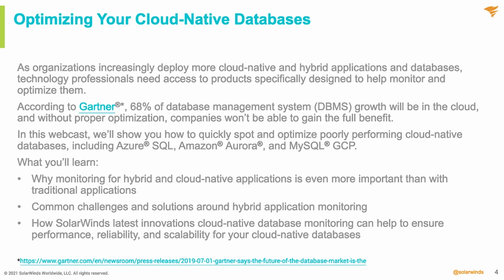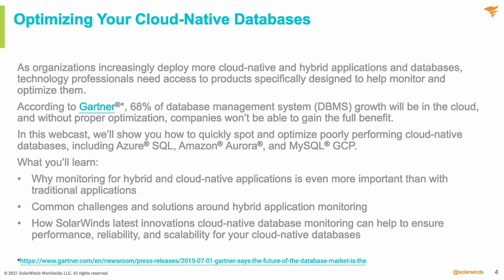With that said, as organizations are increasingly deploying cloud native databases, you need to stop and still figure out how to monitor them, how to make them run better, anything along those lines. Gartner came out with a stat saying that 68% of the DBMS market growth is going to be in the cloud.